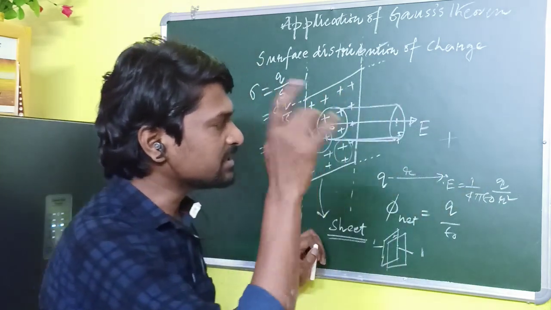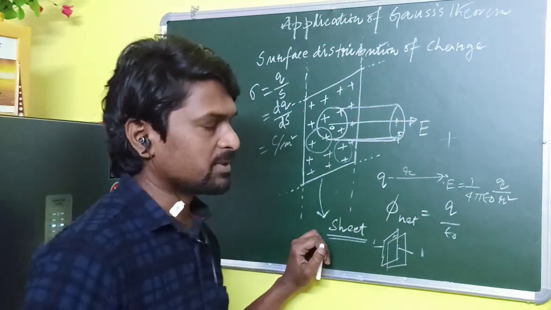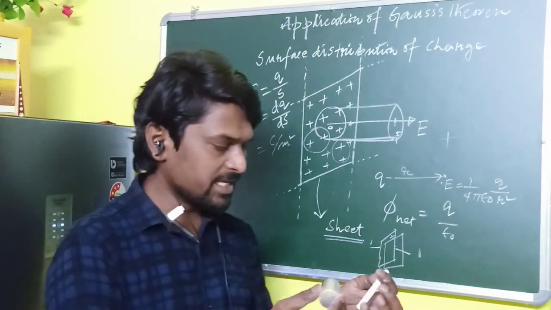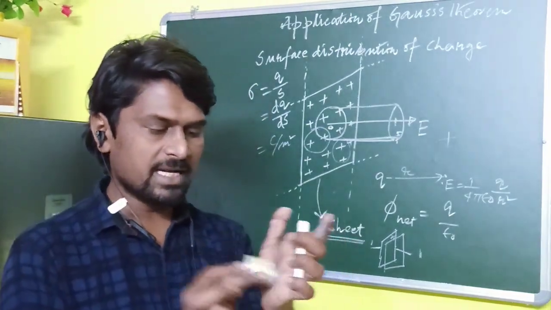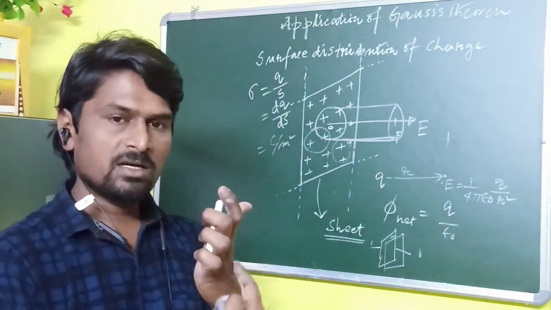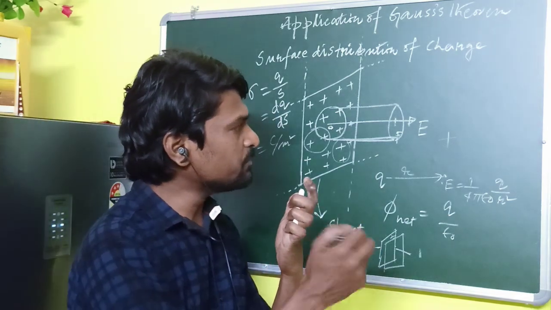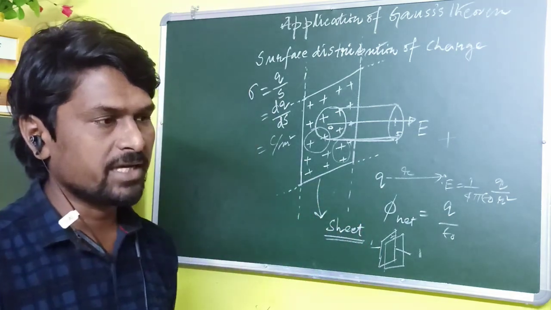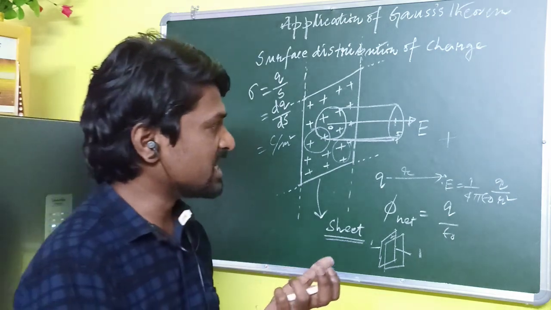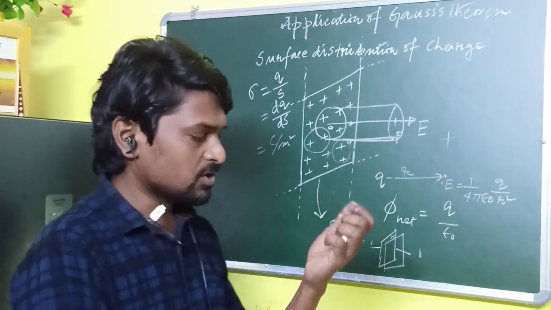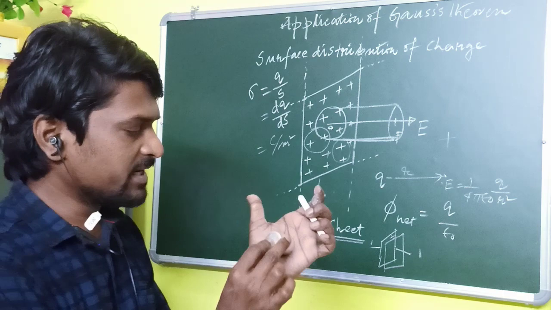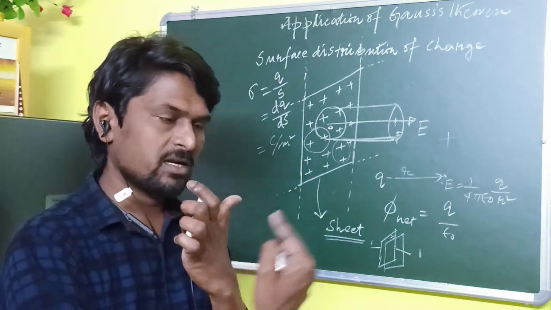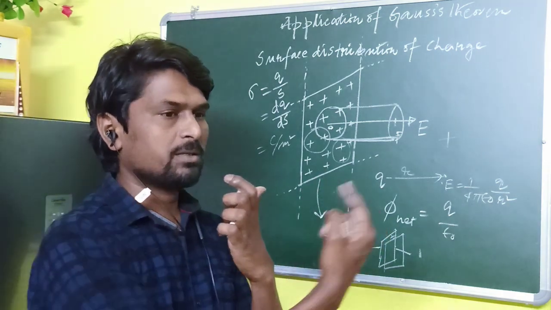But if this is a plate, or a sheet, and I cover it like that, then electric field lines are generated for both sides, so the electric fields penetrate and go along that particular direction.